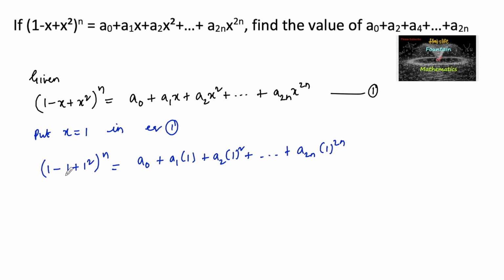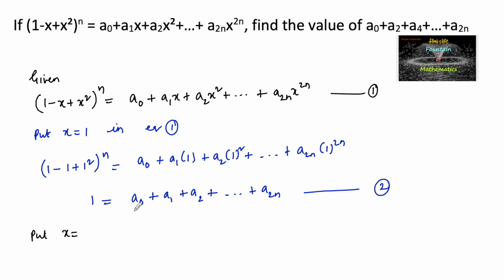That is 1 - 1 is 0, 0 + 1^2 is 1, 1 power n is 1, is equal to a0 + a1 + a2 and so on up to a2n.